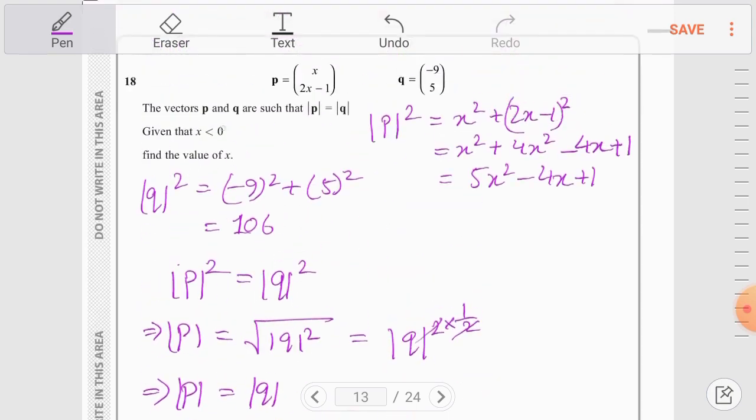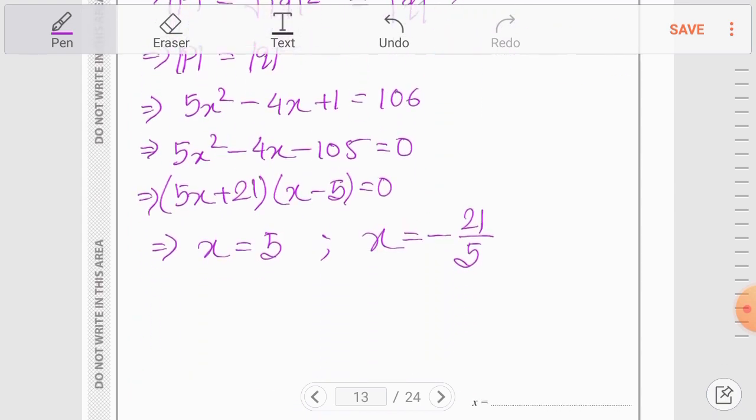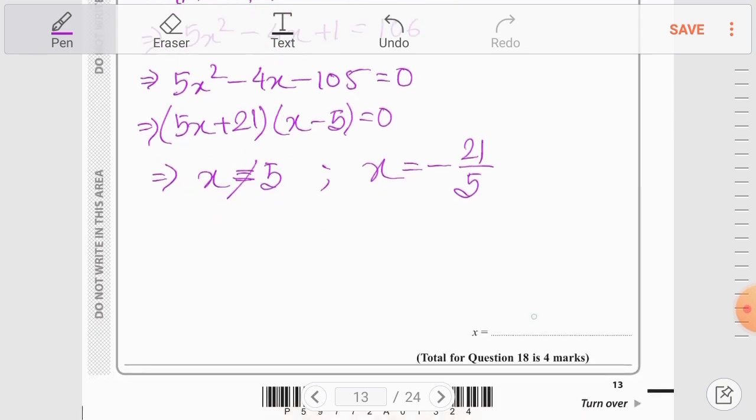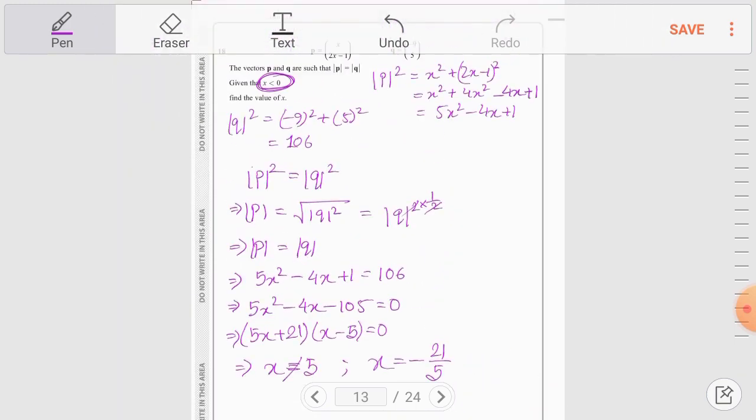As our question had already provided that x was always less than 0, that means x was supposed to be negative. X can never be positive, so x is never equal to 5, but x was always equal to negative 21 by 5. So the value for x would be negative 21 divided by 5. So this was the value for x. I hope question number 18 was clear.